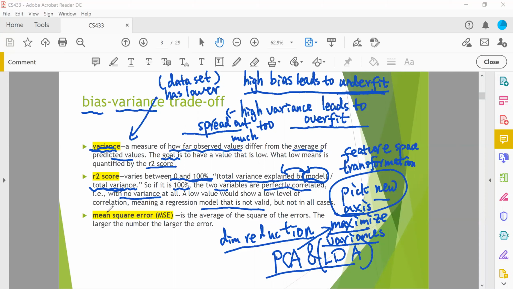And here we also have some other measurements, like MSE, which is mean square error. And who remembers SSE? What does this S mean? It's still square error. Where did we learn SSE?